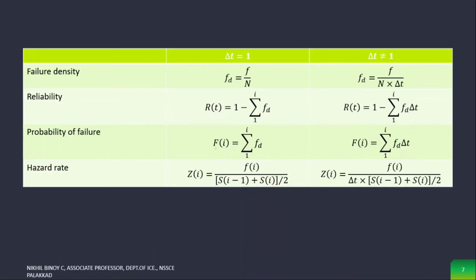So before that, please note down this table. This table summarizes the analytic equations that we have to use if Δt equal to 1 and if Δt not equal to 1. So I am reading this table.